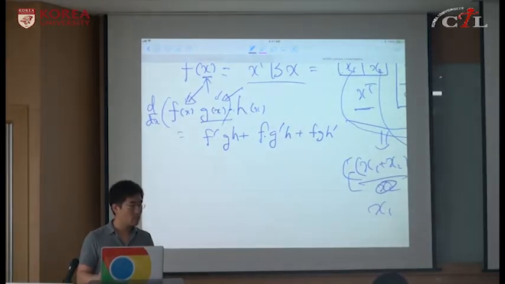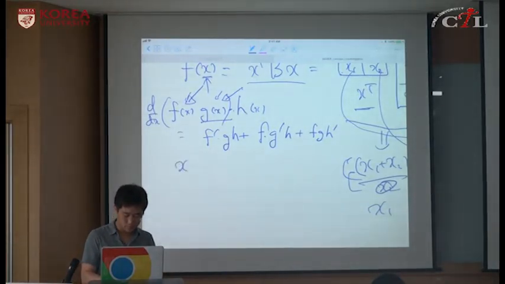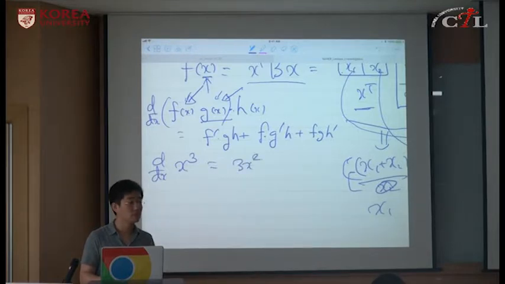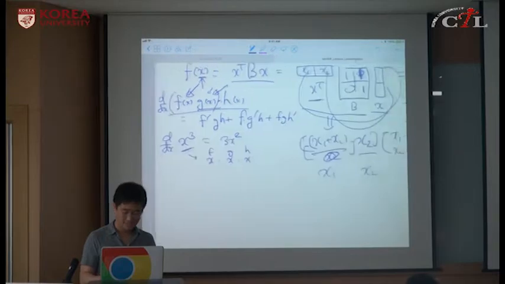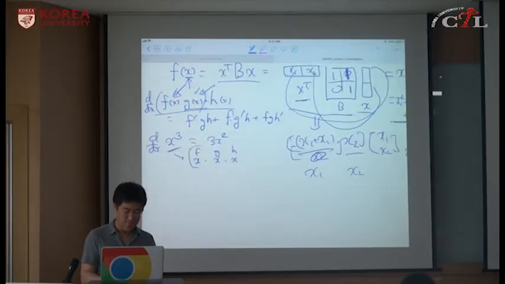Using this, you guys know the differentiation of this guy as 3x squared, but we can still obtain the partial derivative of this guy by using this rule. It's like x times x times x. So this one is f g h, right?